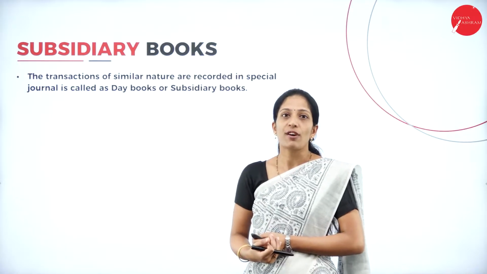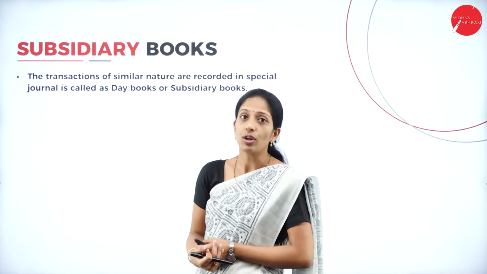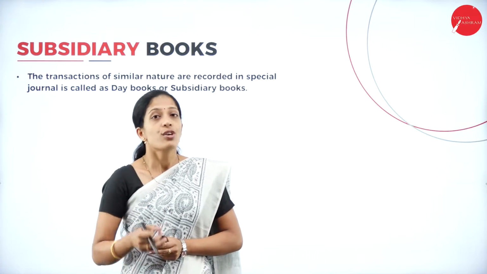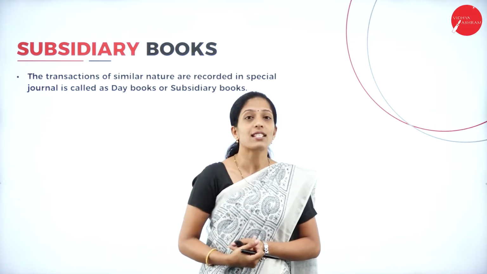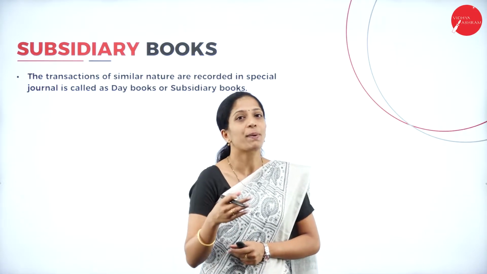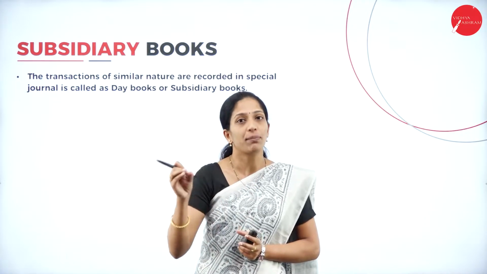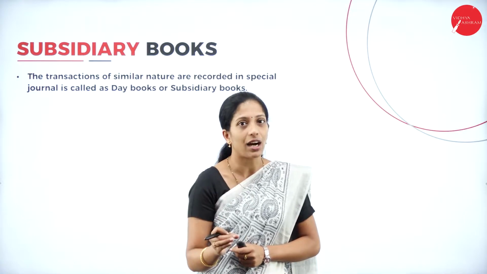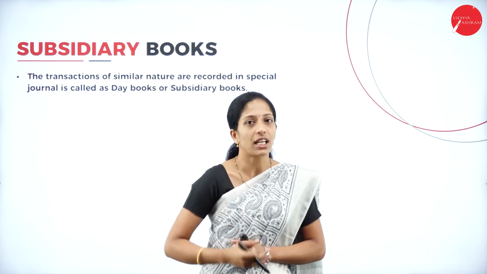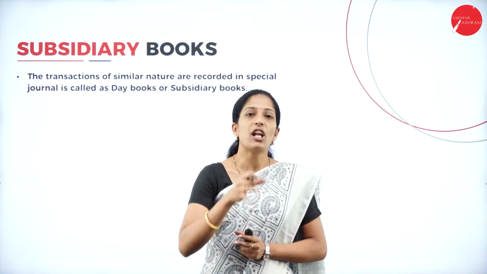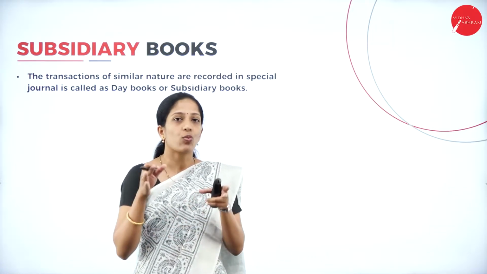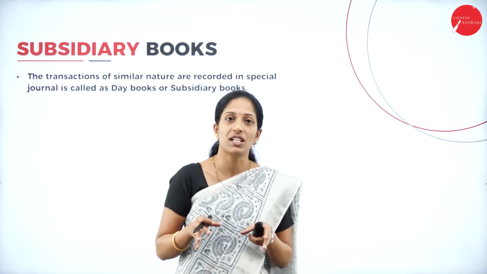Now what is the meaning of subsidiary books? As you all know, you had already learnt in your PUC about subsidiary books. Here also, we are going to classify the transactions as per their nature into separate books, whereas in ledger, we classify into separate accounts. For example, all the transactions relating to credit purchase will be recorded in one separate book, which is called as purchase book.